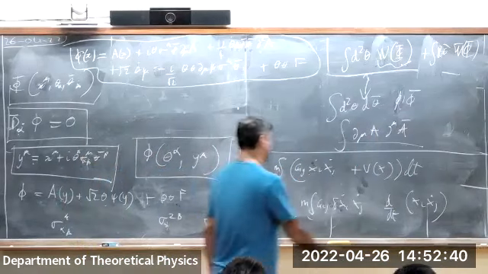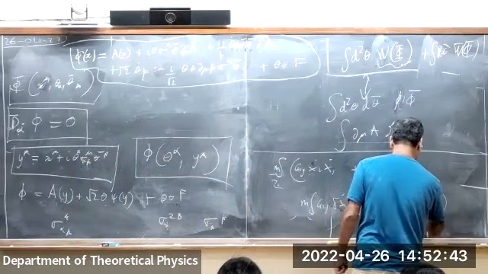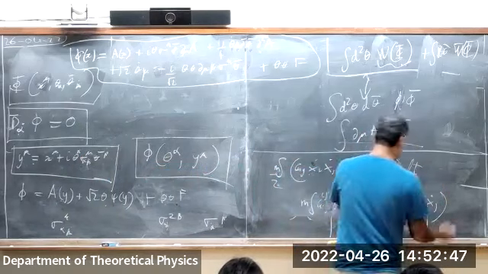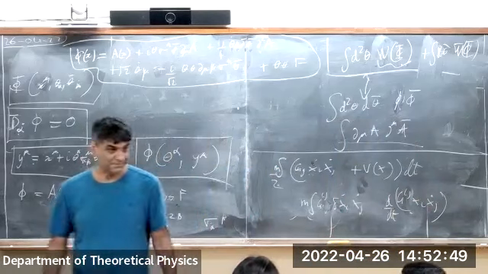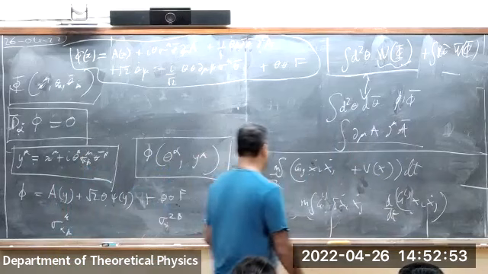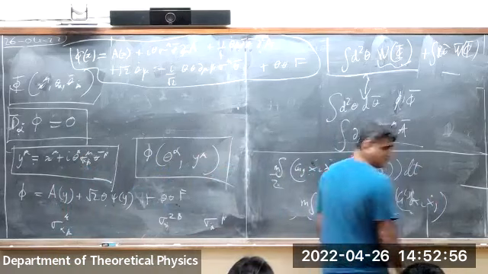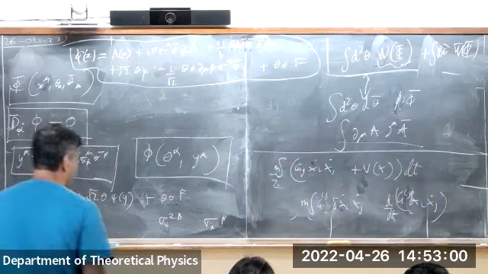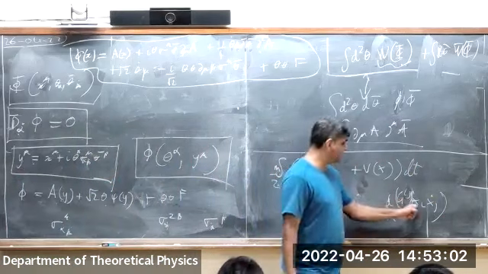Okay, so this term with the G_ij was a boundary term, delta x^i. Now notice what the coefficient of this delta x^i is.